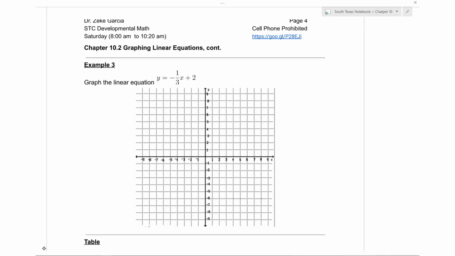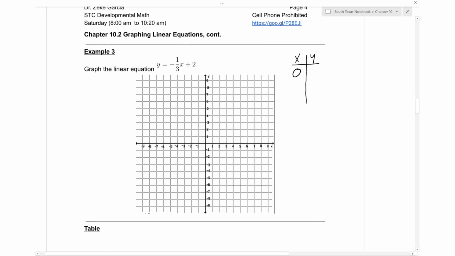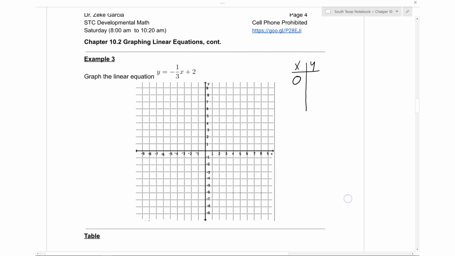We're going to go ahead and do example 3. I'm going to make a table and graph this equation. Once again, you can use any x value that you like. So I'm going to choose 0 and substitute the value of 0 for x.